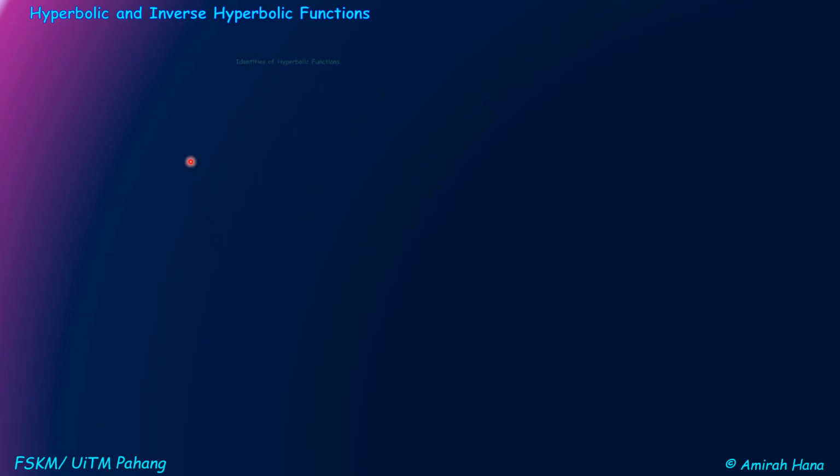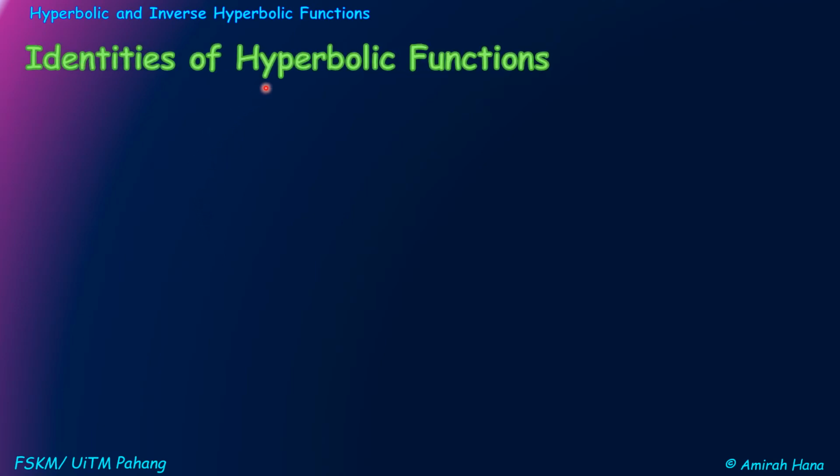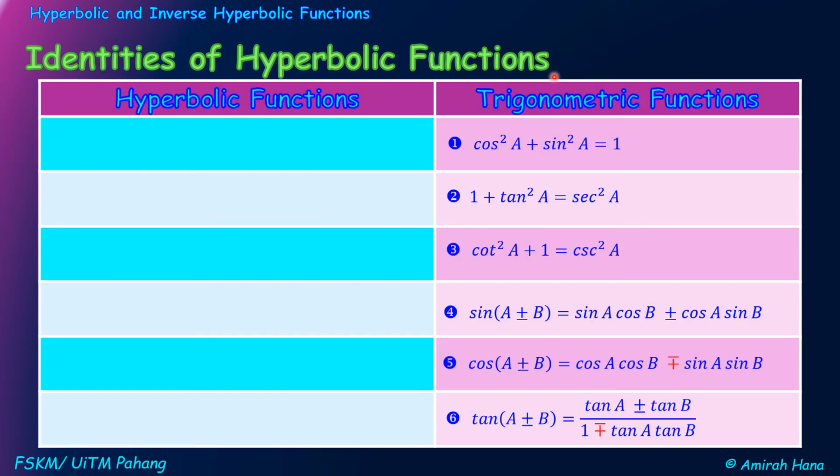Now we look at identities of hyperbolic functions. Many identities of hyperbolic functions are similar to trigonometric functions. So first, we look at what is inside the identities of trigonometric functions.